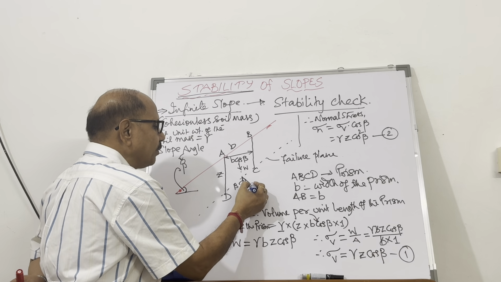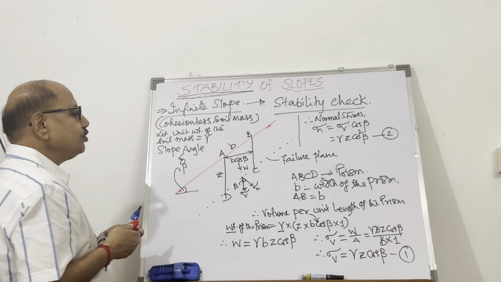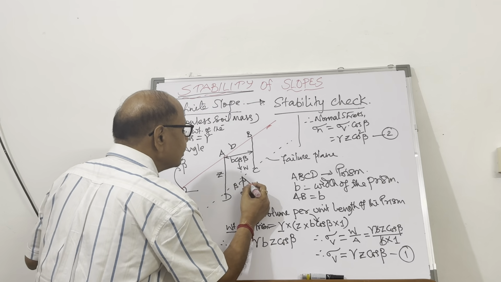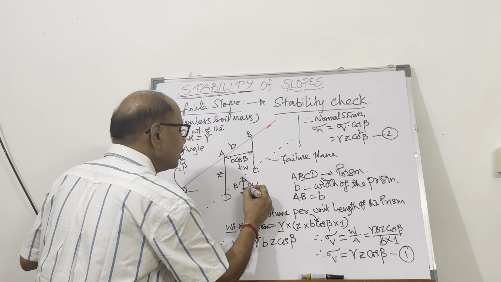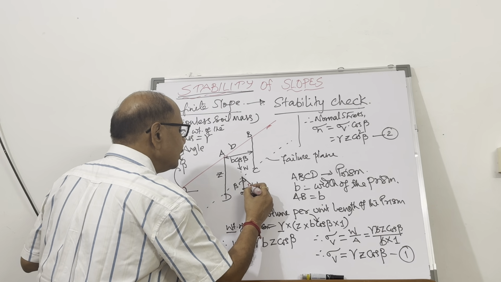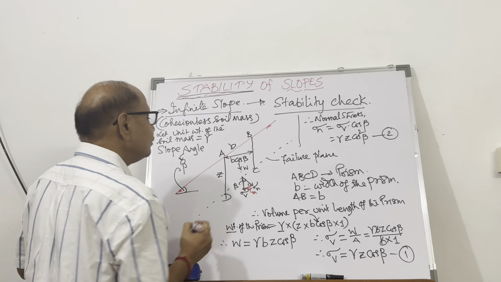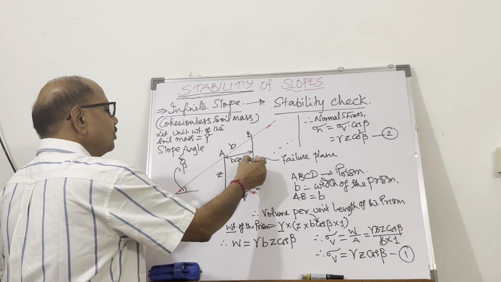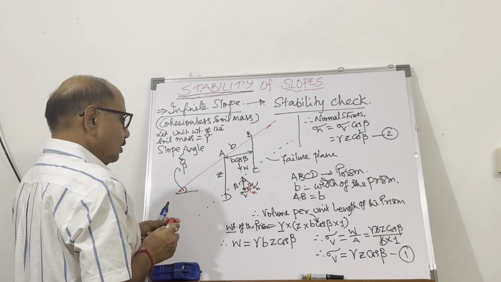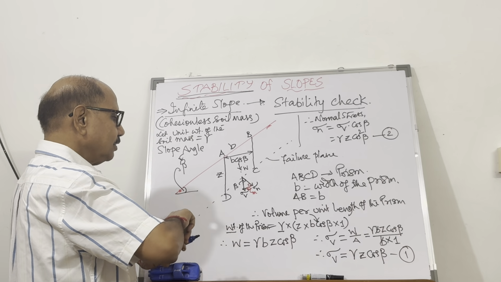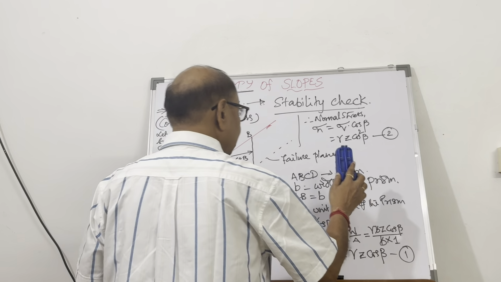Also, perpendicular to the normal component, there will be a tangential component. The tangential component will be acting in the downward direction, at right angle to this. This becomes the tangential component, and this is called tau. This is the mobilized value, tau m, which is a function of the weight. So the mobilized shear due to the weight can be computed.